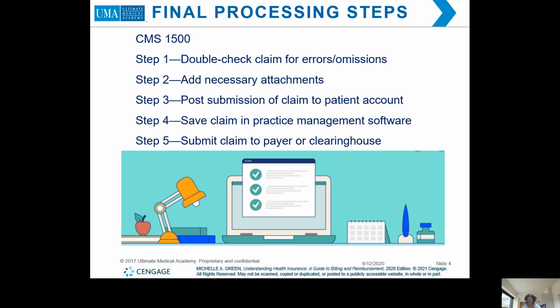It all depends on the provider or the facility, whether they do it directly to the payer or they send it to a clearinghouse. So that would be the end of the CMS 1500, which, remember, it is for outpatient services such as office visit to a physician or to a clinic, like that.